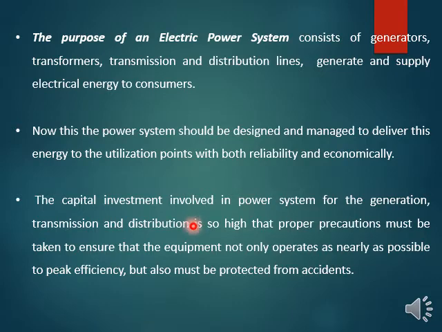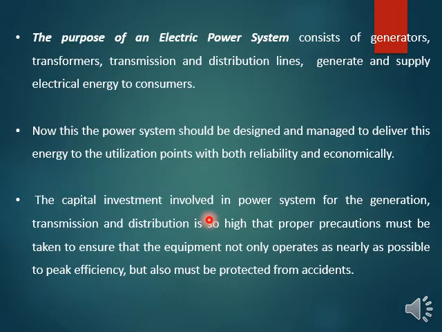The capital investment involved in the power system for generation, transmission and distribution is so high that proper precautions must be taken to ensure that the equipment not only operates as nearly as possible to peak efficiency, but is also protected from accidents.